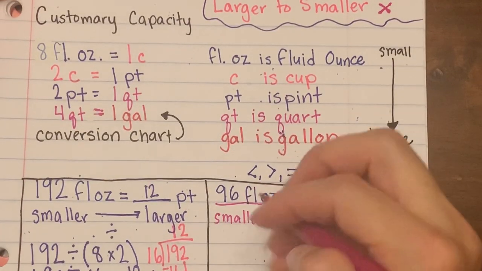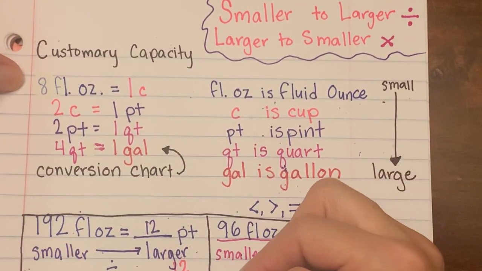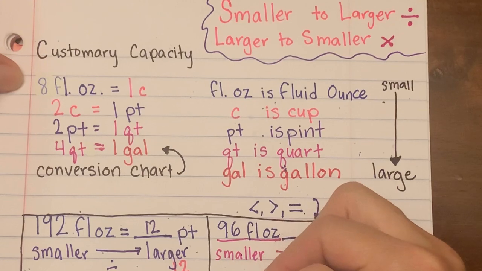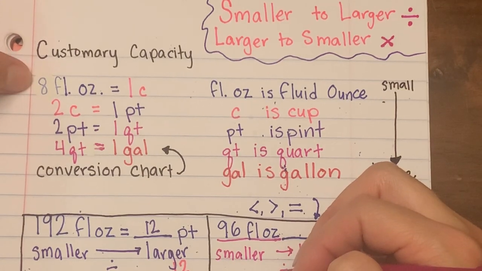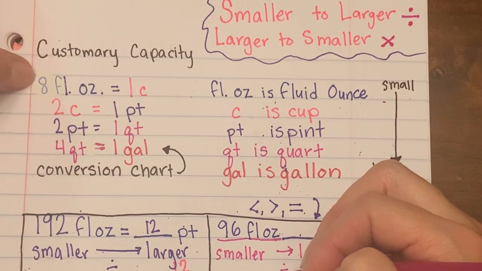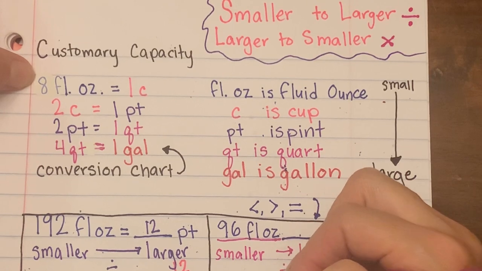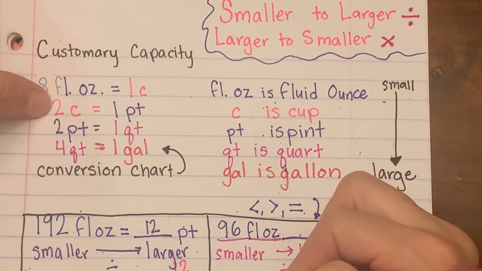I am going to be dividing, so I'm going to look at 96 divided by, I already said I'm starting at 8 fluid ounces, so 8 fluid ounces to get to a cup, we're going to divide by 8, but then we're also going to divide by 2 as well.